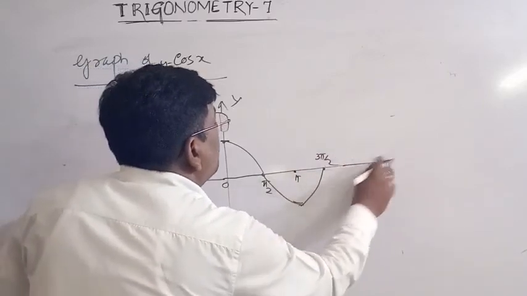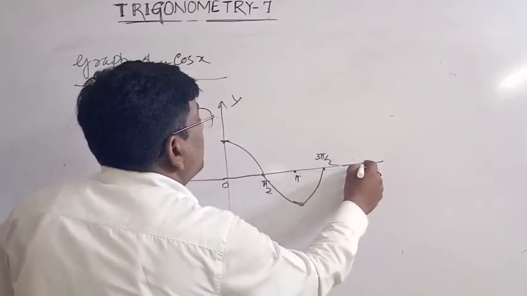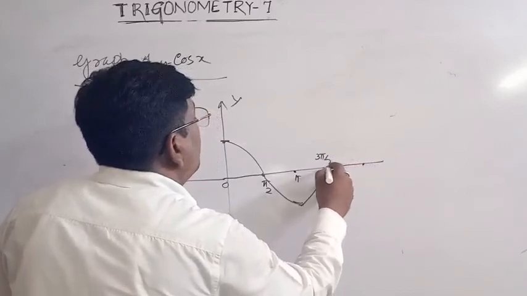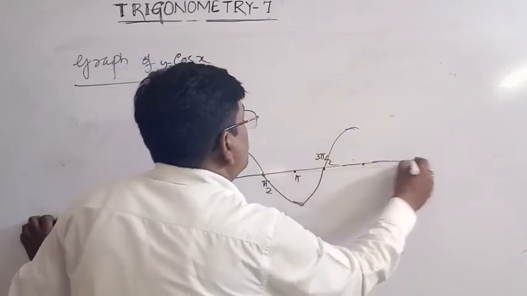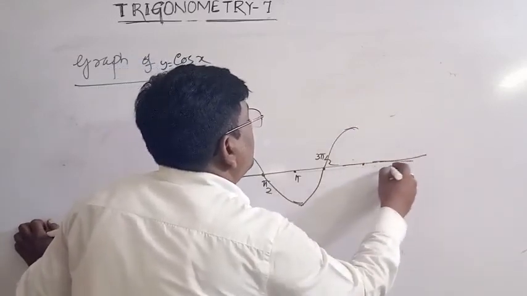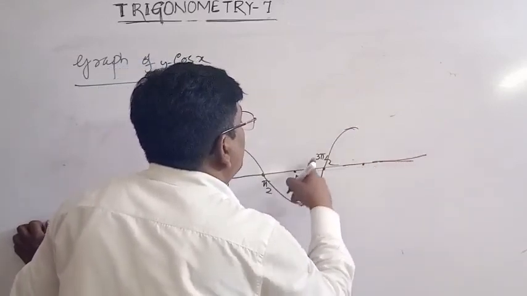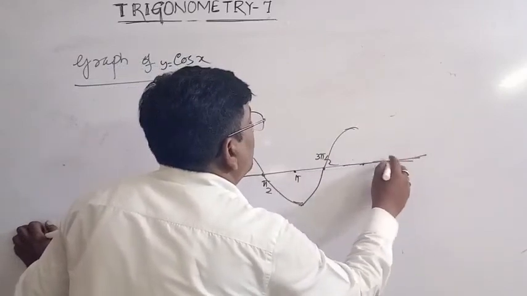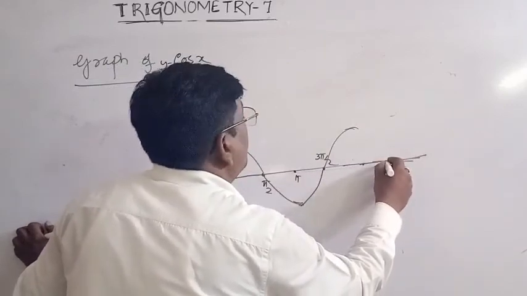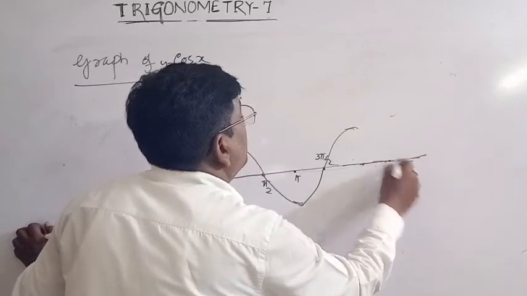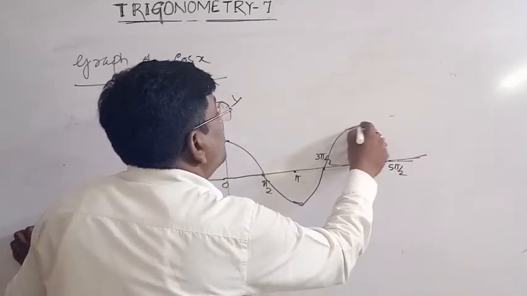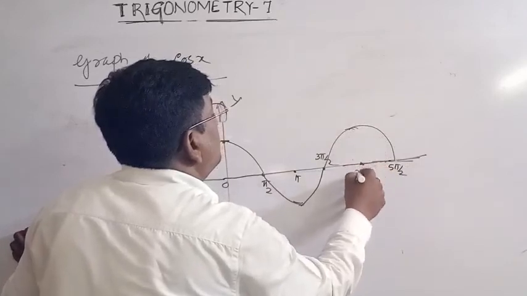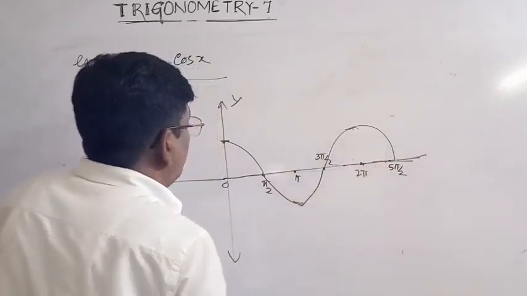What is cos 2 pi? Again 1. Cos 5 pi by 2 is 0, so this is 2 pi.